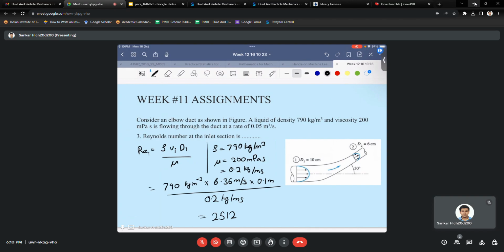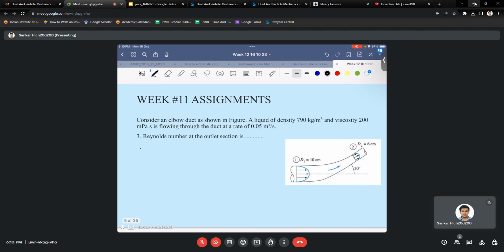I am hoping that you would also get the same answer here. Similarly, you have to find the Reynolds number at the outlet. The only values that are changing are the velocity and the diameter. The density and viscosity are the same.